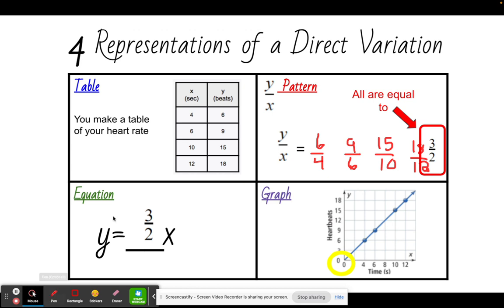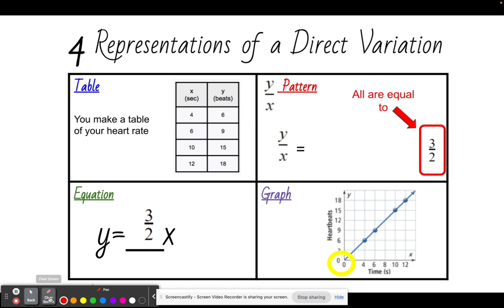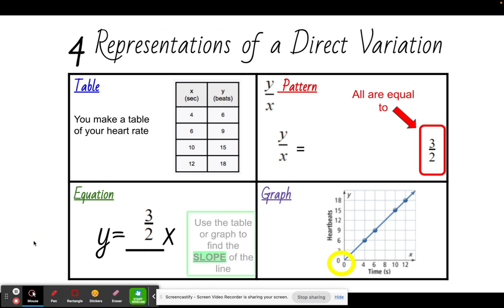So I could also use my table. This is up 3, this is up 2. So my change in y is 3, my change in x is 2, so 3 over 2. Remember, that only works when you have a direct variation, when it starts at 0, 0.